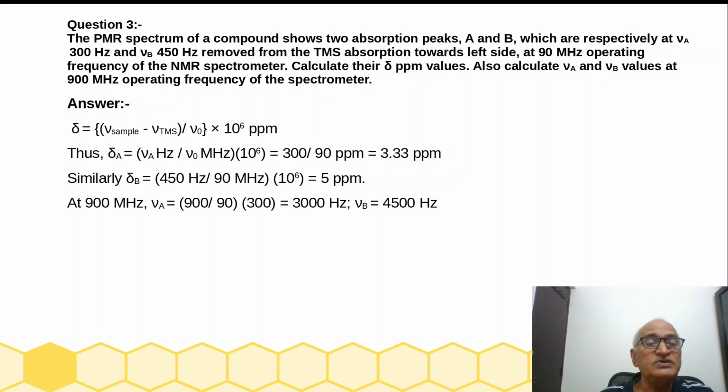When the machine frequency is changed from 90 megahertz to 900 megahertz, you see the frequency values change accordingly. Now the new A becomes 3000, earlier it was 300. And similarly, new B becomes 4500 hertz, earlier it was 450 hertz.